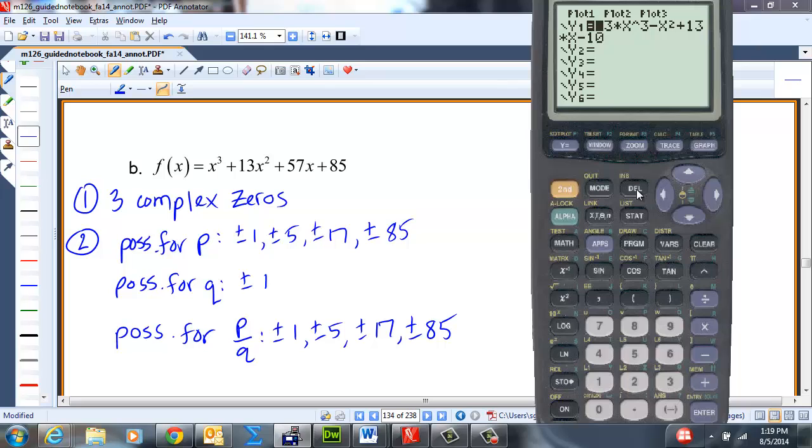We had x cubed plus 13x squared plus 57x plus 85.